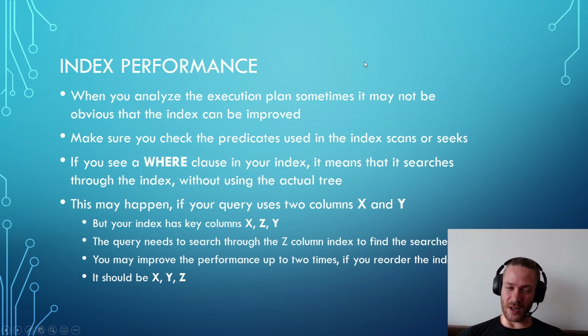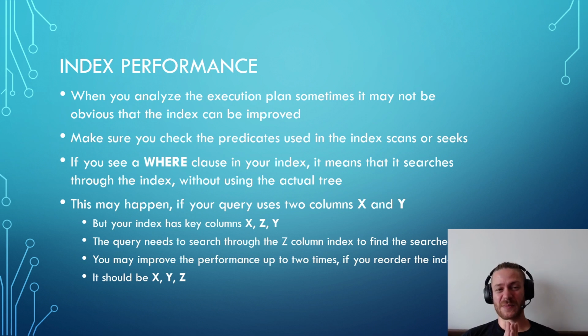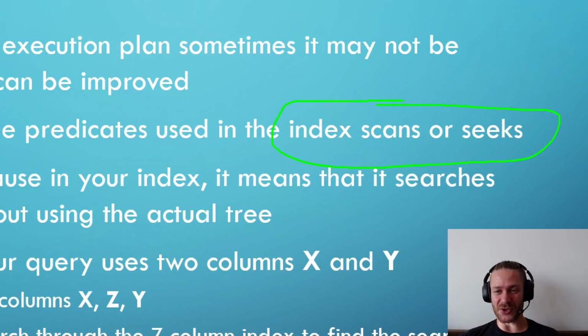Here is a similar example for index performance about the column orders. Sometimes it may not be obvious that an index can be improved. So always make sure you check the predicates which are used in the index scans or seeks.